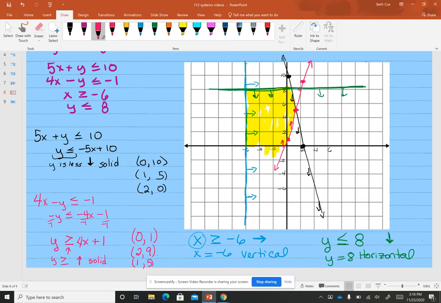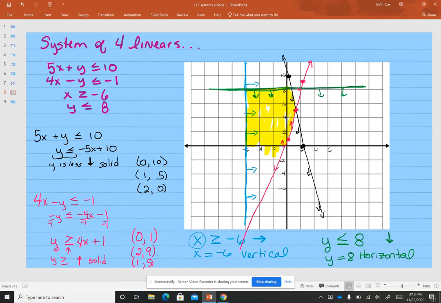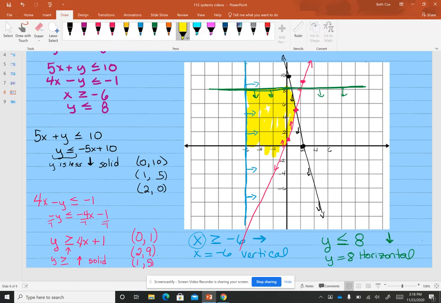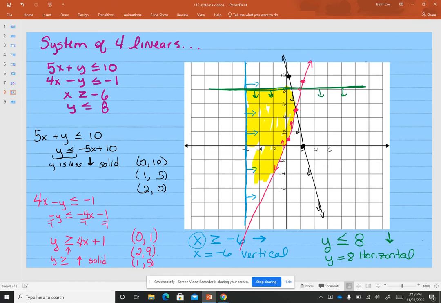Pink line out a little bit further. There, that's better. Because that line did keep going. It just didn't go all the way down to what I was doing. This right here is the whole section. Okay, that's the answer.